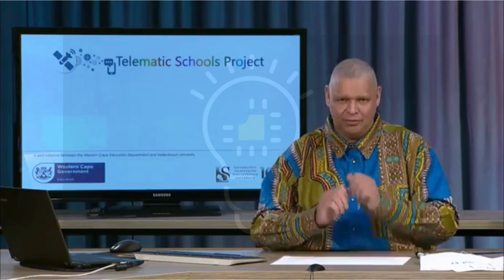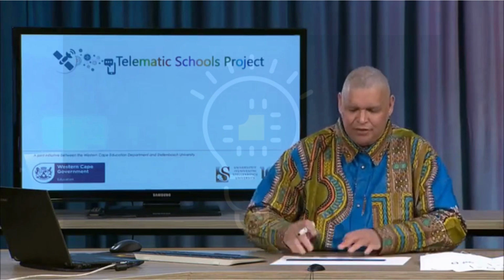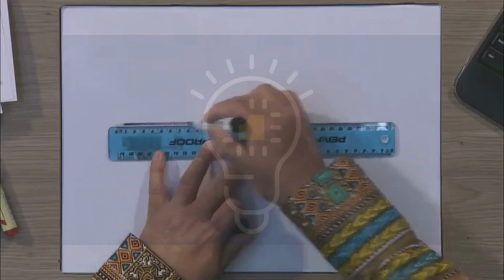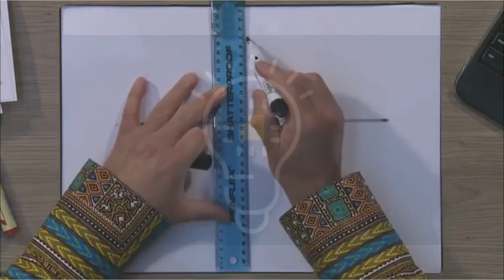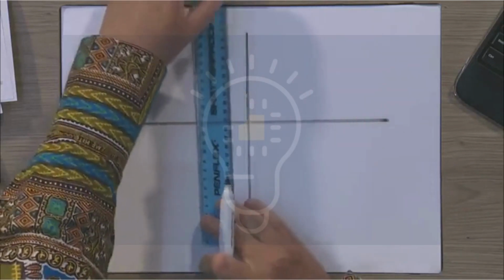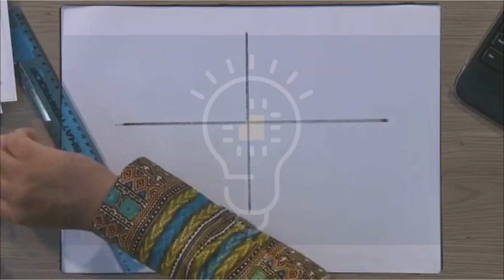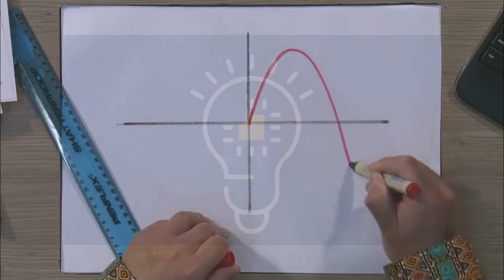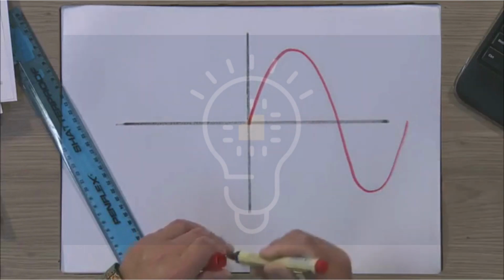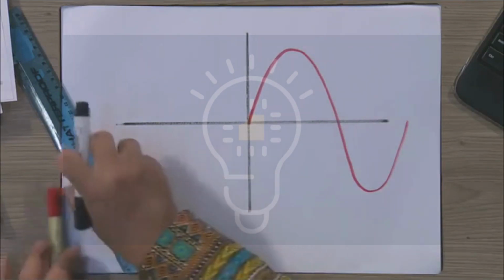Grade 12s, the sine graph, you may know, is a very interesting graph that looks something like this. If we have to draw a sine graph, the sine graph which we learned in grade 10 is drawn in this manner here. We go up, we come down, and there we go, like that. I'll just extend my x-axis.